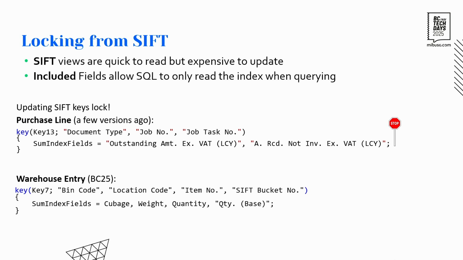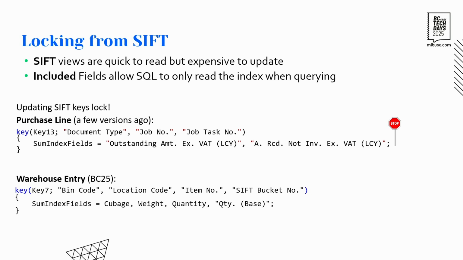As you might know, we started a journey in 25 and continued in 26 and will continue for further releases to try to make things a bit more concurrent. In 25 we did warehouse entries. In 26, inventory. A bit more on that later. If we know that several people or processes are adding to the same table at the same time, maybe even on the same item, we need some way to distinguish the SIFTs.